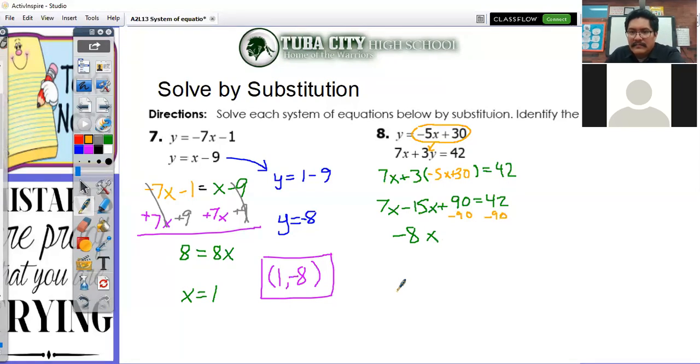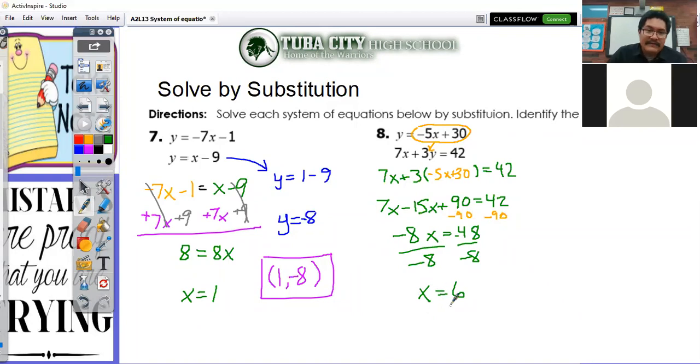And let's see, 42 minus 90, that'd be negative 48. Yeah, okay, it is negative 48. And since both sides are negative, I'm going to have to divide by negative. So x equals 6.